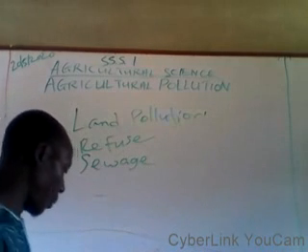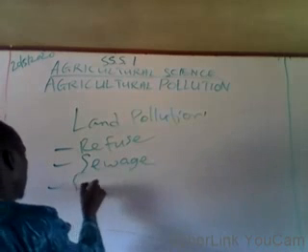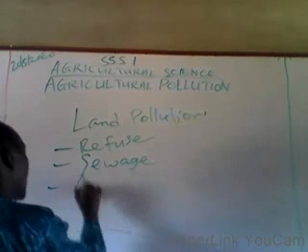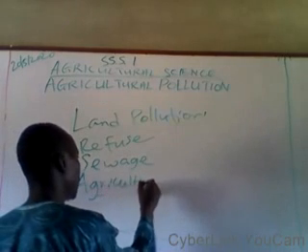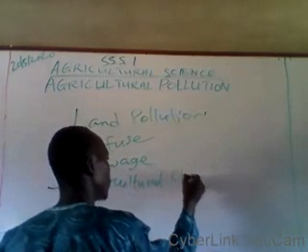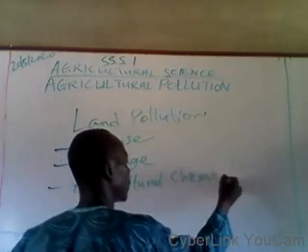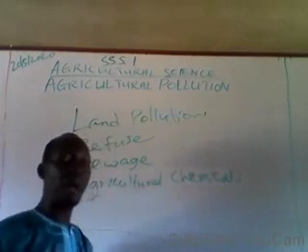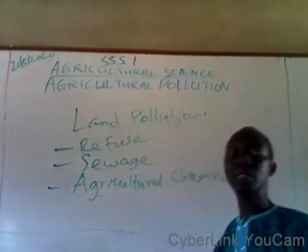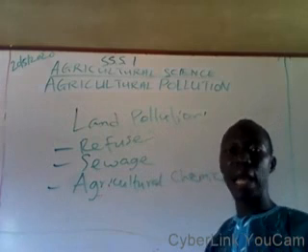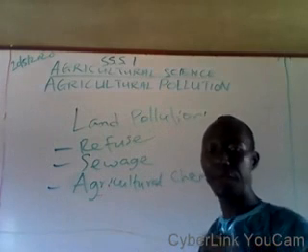Another example of land pollutants is agricultural chemicals. By agricultural chemicals, I mean those chemicals that are used by farmers on the farm.